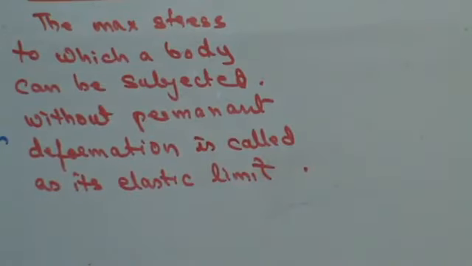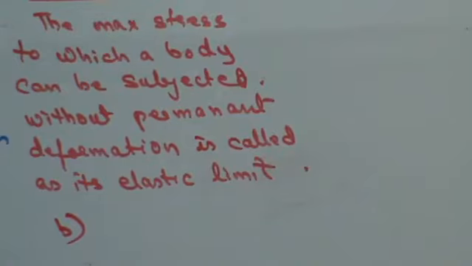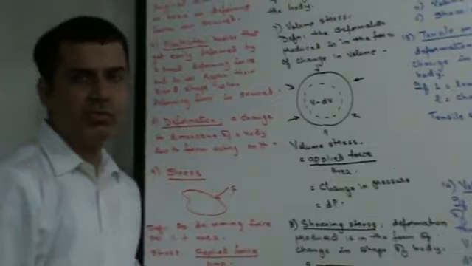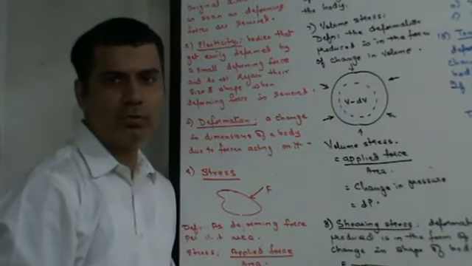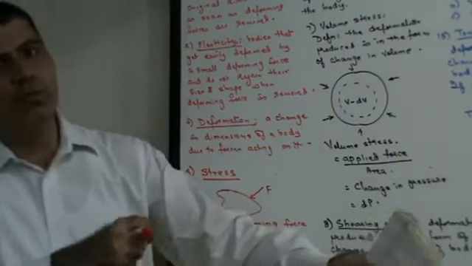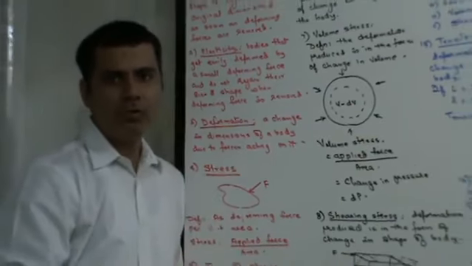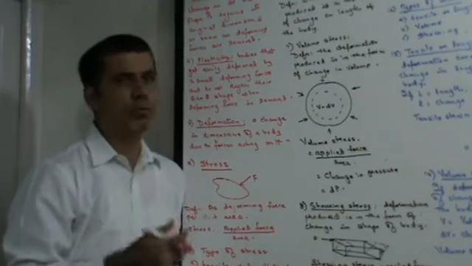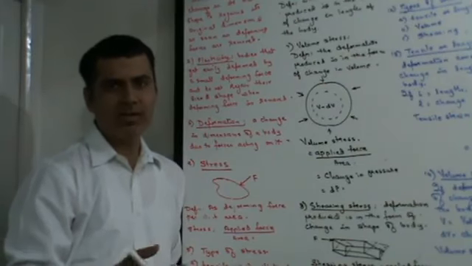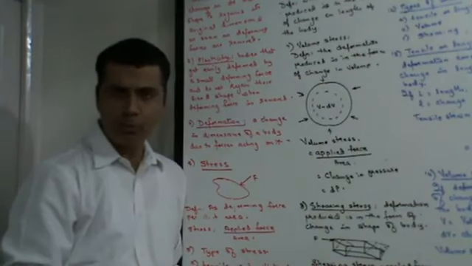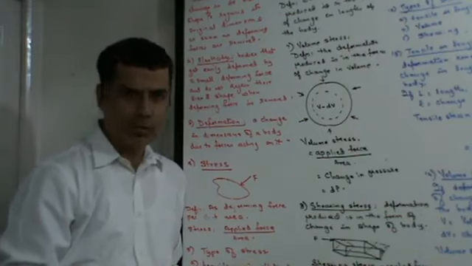Right? That is what is elastic limit. Now, coming back to Hooke's law. What is Hooke's law? Hooke's law says that within elastic limits, stress is directly proportional to strain. Simple. The more force I apply, the more will be the change in the dimension. More force, more change in dimension. Put it in proper words, within elastic limit, stress is directly proportional to strain. That is what is Hooke's law, right?